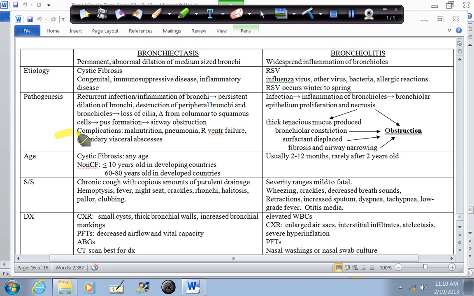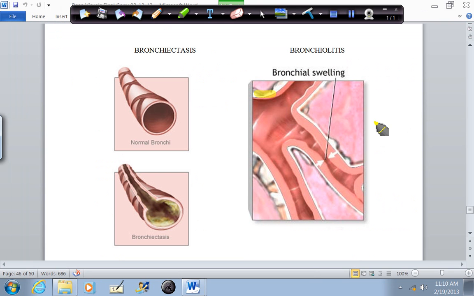in other organs. With bronchiolitis, there's an infection, the bronchioles become inflamed, and the bronchial epithelium starts proliferating, it starts growing, which is why you see in this picture over here why they're starting to come together, getting closer together, and now there's a narrowing of the airway.